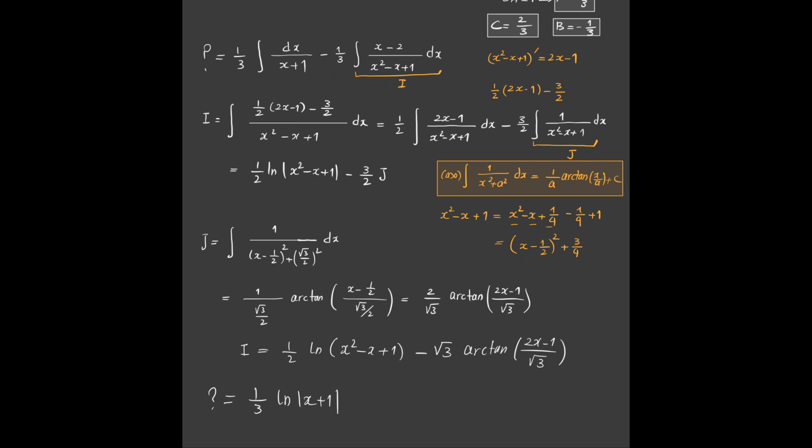And then I multiply what I got for I by a third, so this becomes minus 1 over 6 ln of (x squared minus x plus 1), and then plus square root of 3 over 3 arctangent of (2x minus 1) over square root of 3, and of course I can add a constant at the very end.